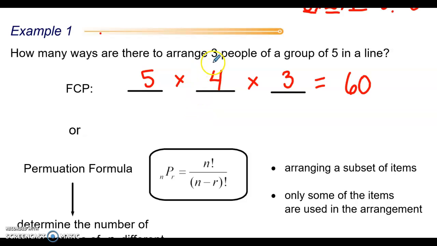So in the example above, n is 5, the 5 people, and r would be the 3 people that we are choosing to arrange. So we're arranging a subset of items. We're not arranging all items. Only some of the items are used in the arrangement.